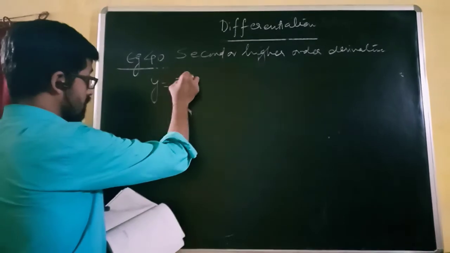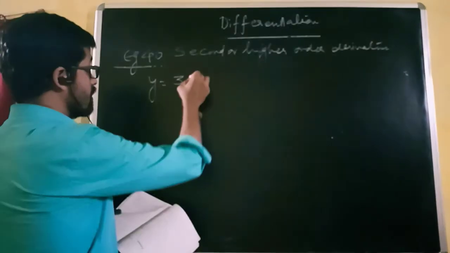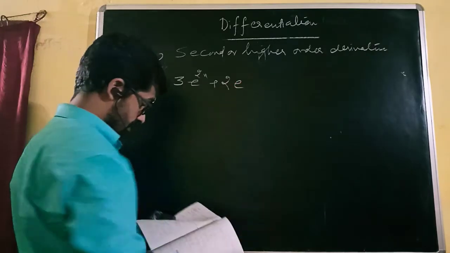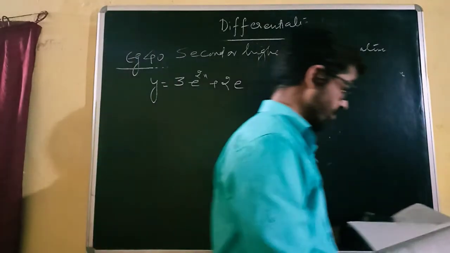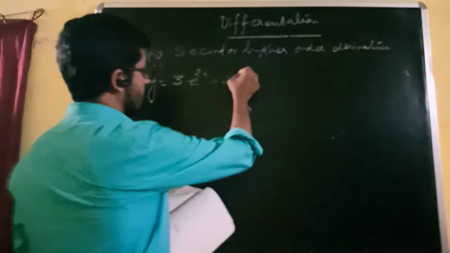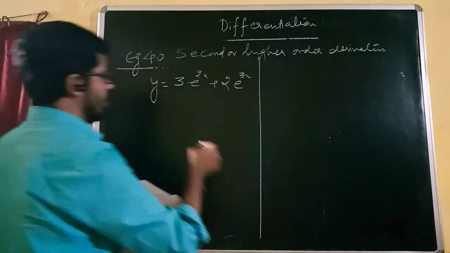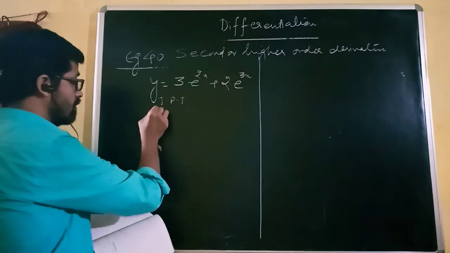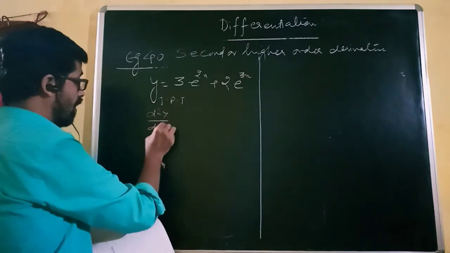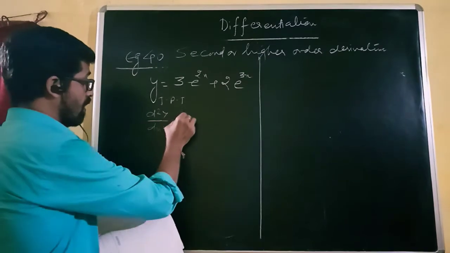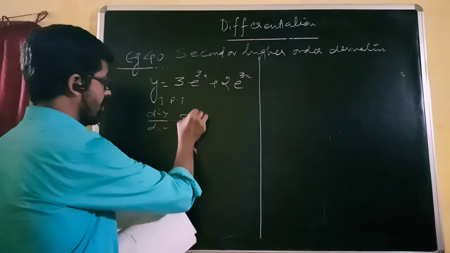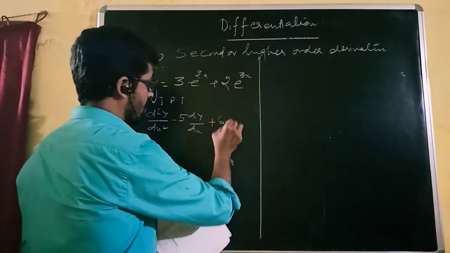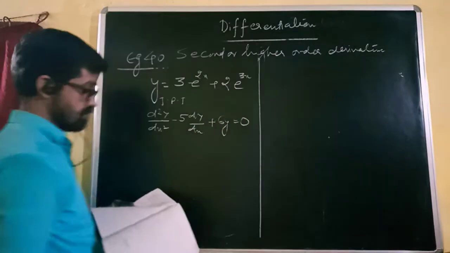So y equals 3 times e raised to the power of 2x plus 2 times e raised to the power of 3x, and then we need to prove that d square y upon dx square minus 5 dy by dx plus 6y equals 0.